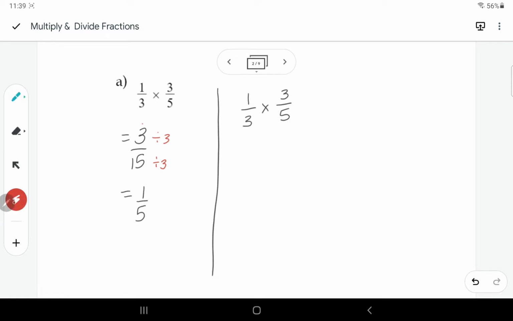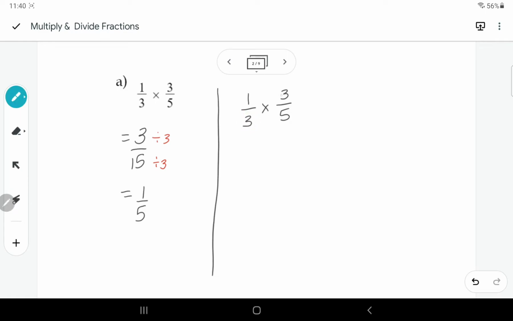Normally we're looking at a numerator and a denominator and saying what number divides evenly into both of these. If you've got multiplication between fractions, this trick only works for multiplying. We can look at the numerator of one and the denominator of another and reduce from there.